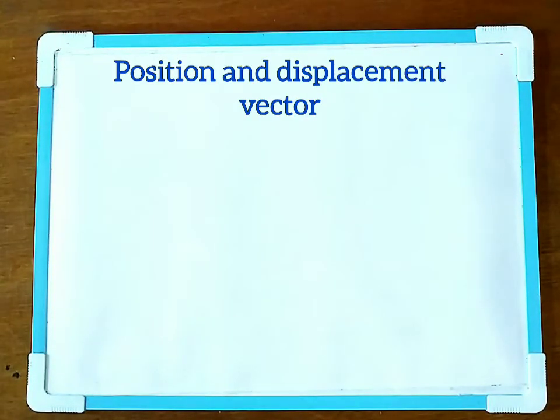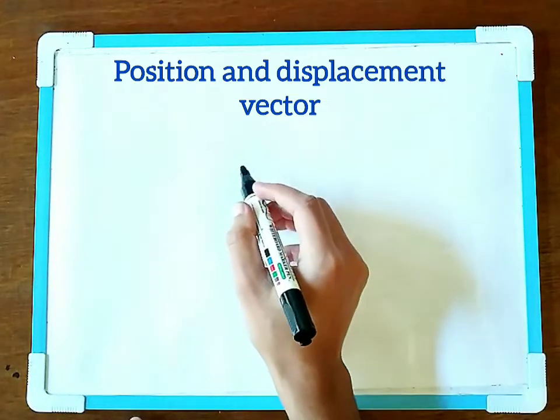Now we shall come to the definition of position and displacement vectors. So here, suppose we have the XY plane.